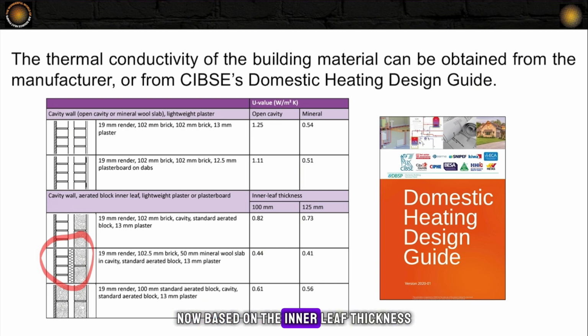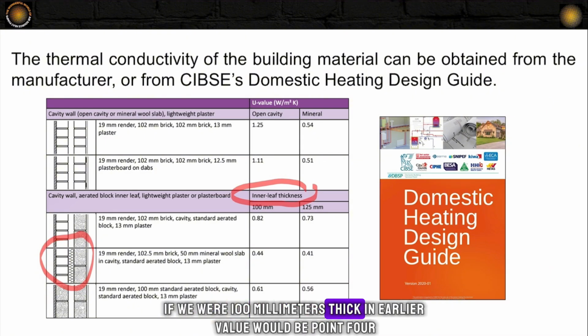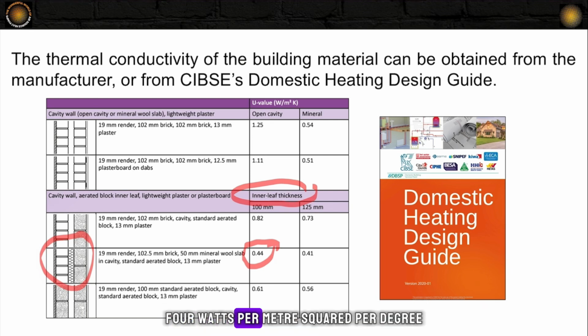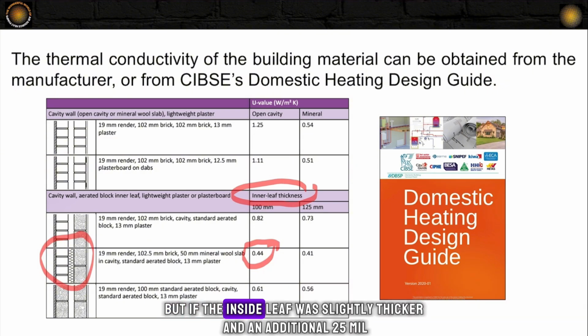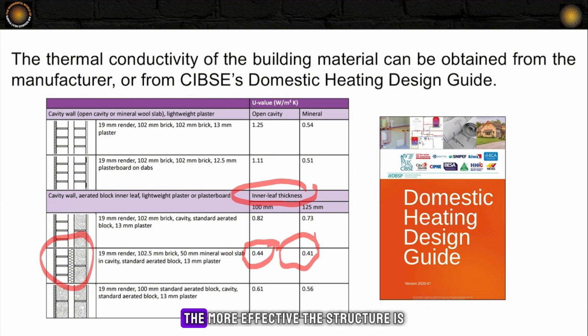Now, based on the inner leaf thickness, the thickness of that standard aerated block, if we were 100mm thick, then our U value would be 0.44 watts per meter squared per degree. But if the inside leaf was slightly thicker and an additional 25mm, that would drop our U value by 0.03. So again, it goes back to the lower the U value, the more effective the structure is at withholding that heat transfer.